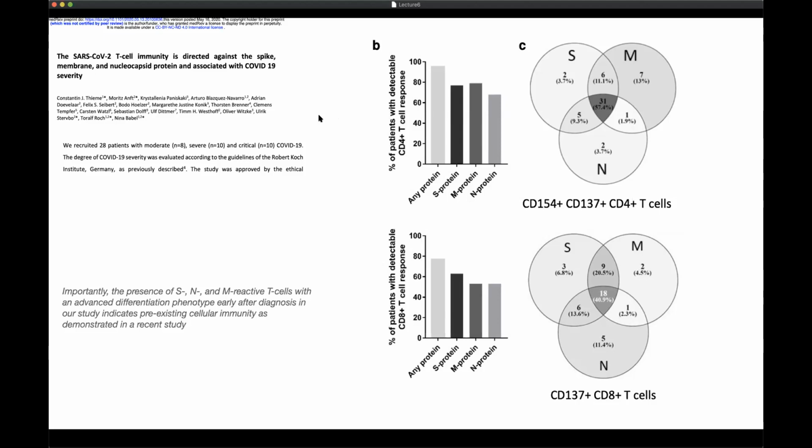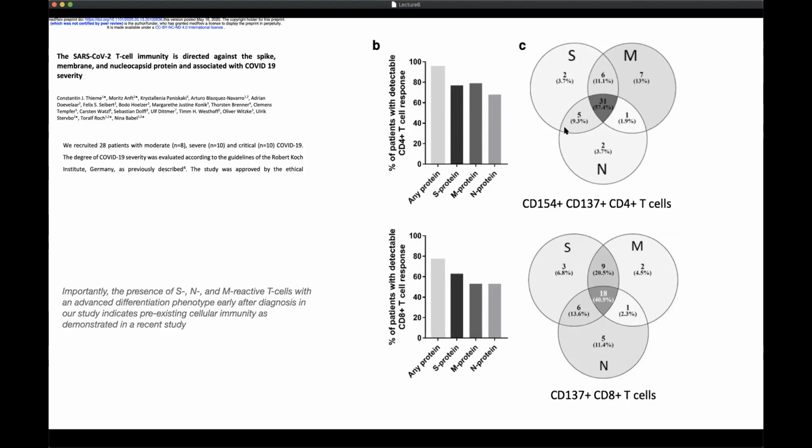N-reactive and M-reactive means that when you do this experiment, you take a resting T cell from an individual's plasma, and then you incubate it with a particular antigen. So you take a subset of cells and mix it with viral spike. And in a separate reaction, you mix a different subset of the same cells from the same patient with matrix and nuclear protein. So you're basically seeing, do they target something in this protein?